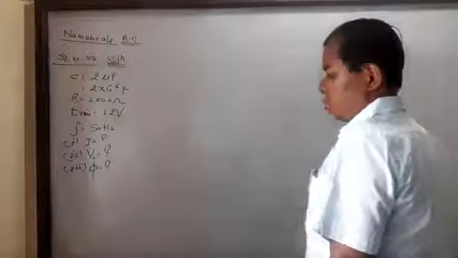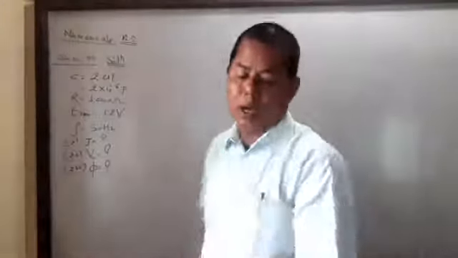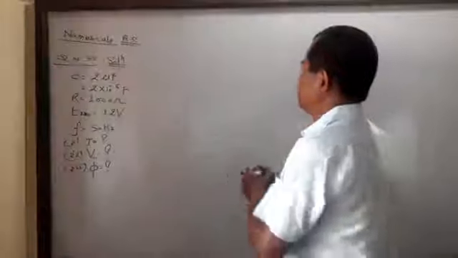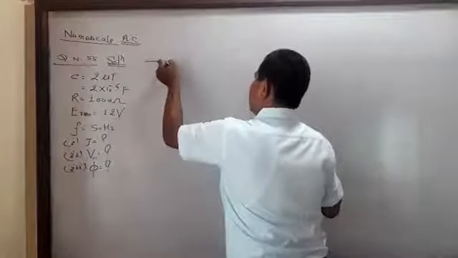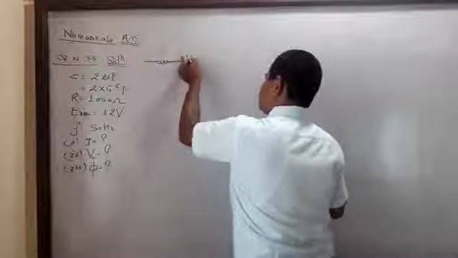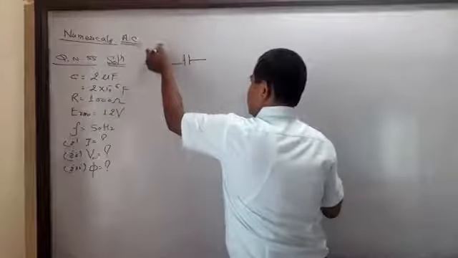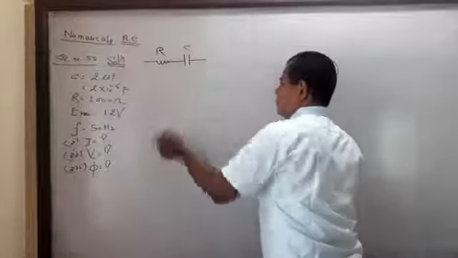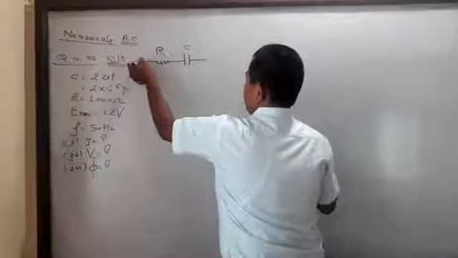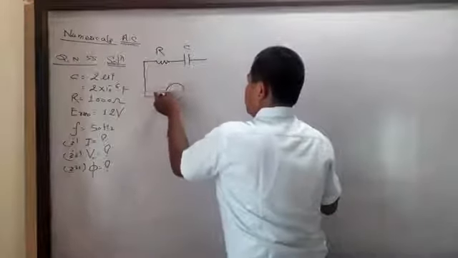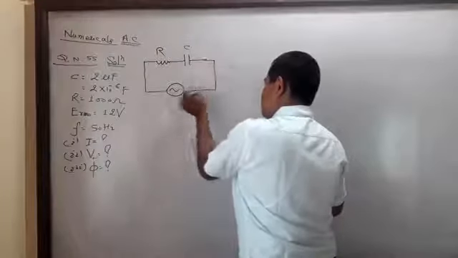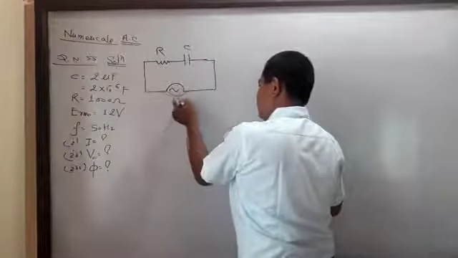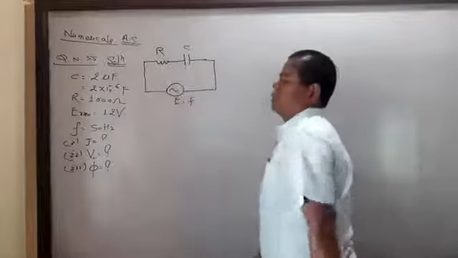This is the circuit containing R and C together. This is the resistor, this is the capacitor, and they are connected with an AC source of EMF E and frequency f.